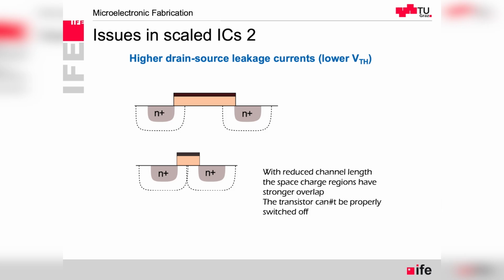So one of the solutions is introducing a so-called halo implant, which is a higher doped region somewhere under the bottom part of this N plus region. Higher doped means, what happens with the space charge region? For a higher doped junction, it gets narrower. So with this higher doping, we reduce the space charge region and the leakage current gets smaller.